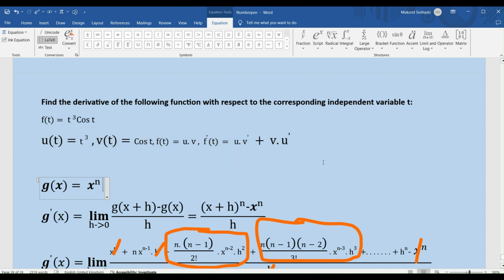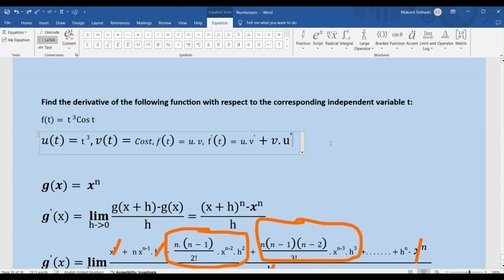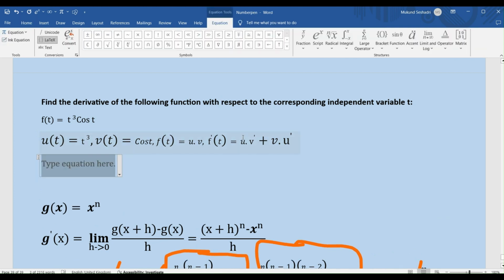So when I calculate my u dashed, I will have to do a simple substitution of the formula that we just learned, right?